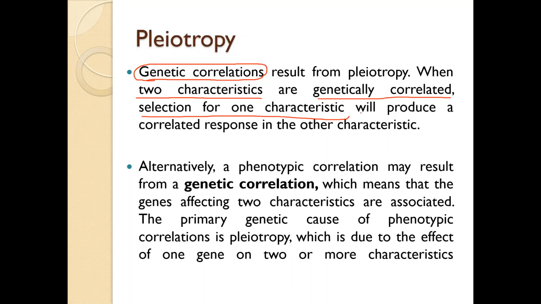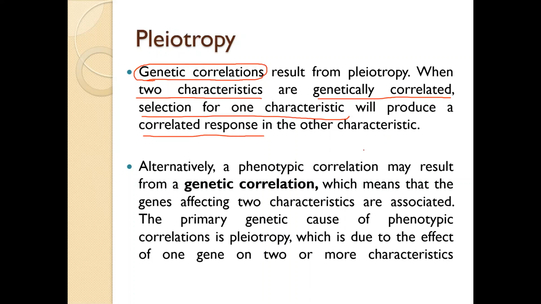That means A and B are two different genes, but they are correlated. They are dependent. Now, if you try to produce offspring with the variations of A gene, that also affects B, and you will get a correlated response in the other characteristic.